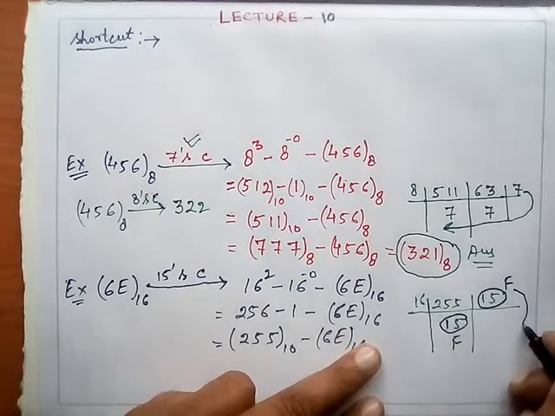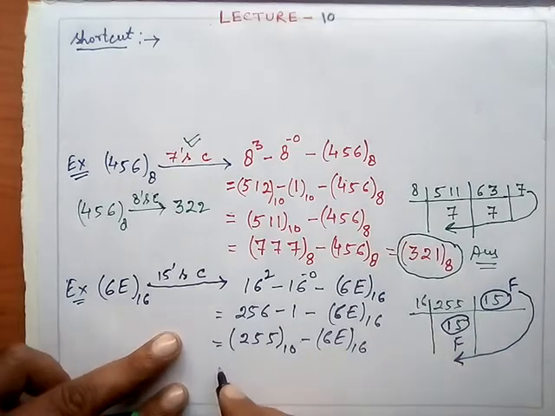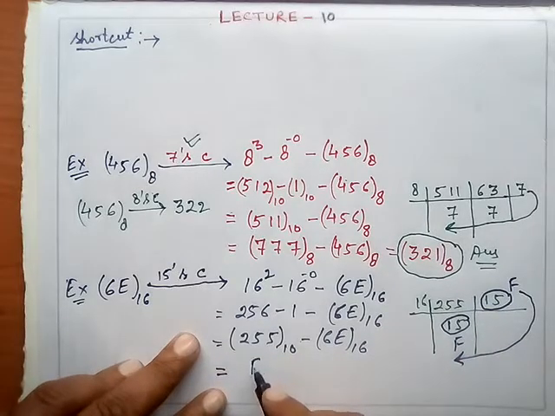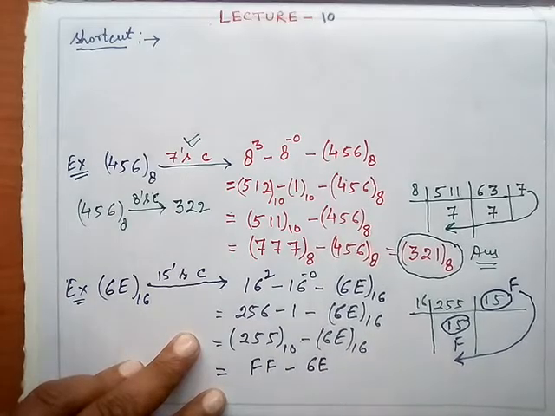From here I write this in the reverse order. So my final expression is f f minus 6e.